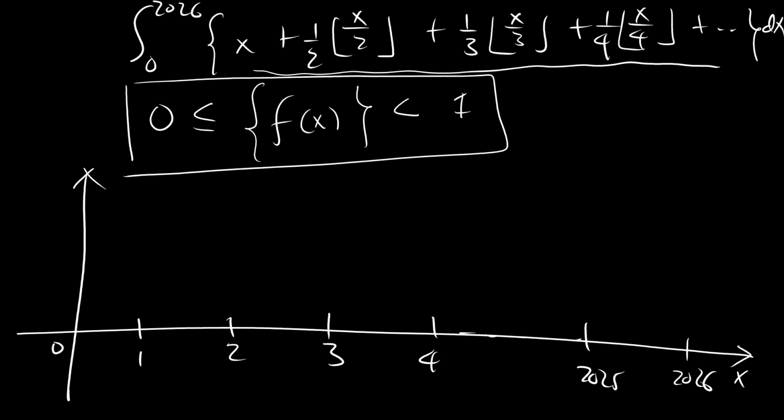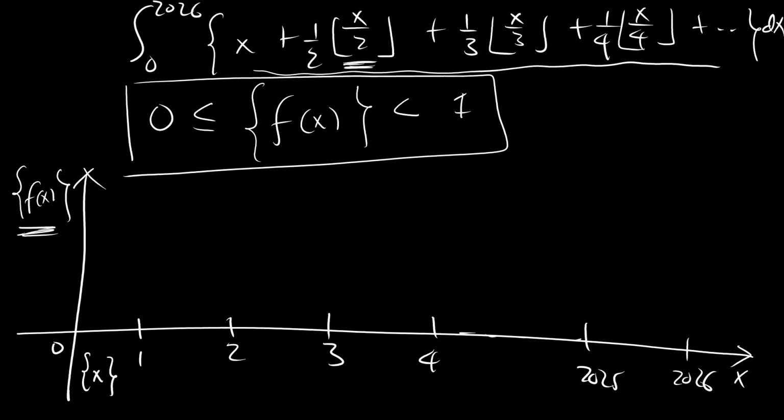So when x is between 0 and 1, the floor function of x over 2 is going to be 0, since x over 2 is 0 point something, at most 0.9 over 2. The floor function of that is always equal to 0. And so we are left with our function here being equal to the fractional part of x.